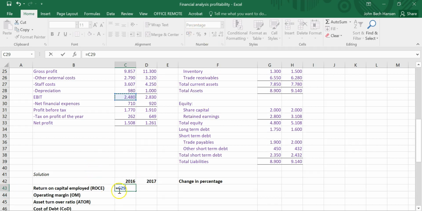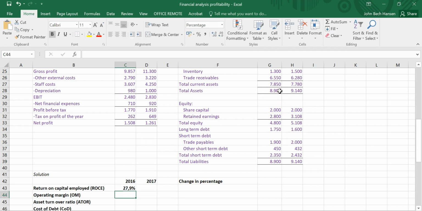So Excel knows it has to multiply by 100 and put a percentage sign within the cell. So now, without multiplying by 100, I can divide by the total invested capital, and it's your choice whether to take the assets or the liabilities. It's of course always the same.